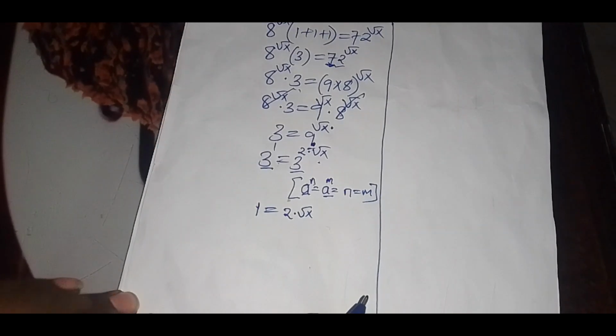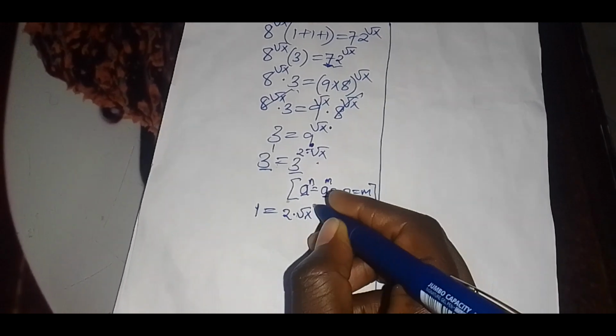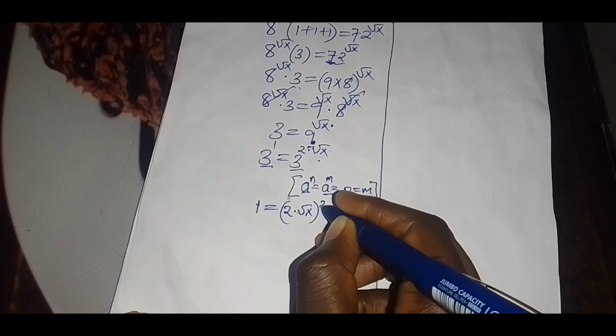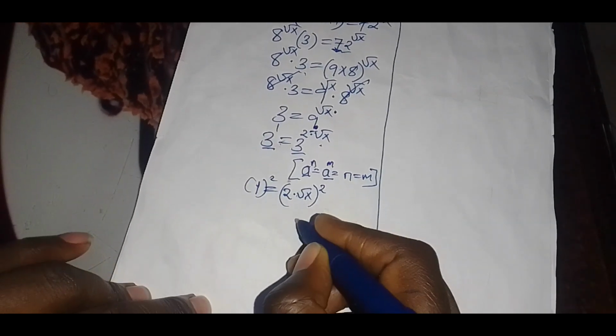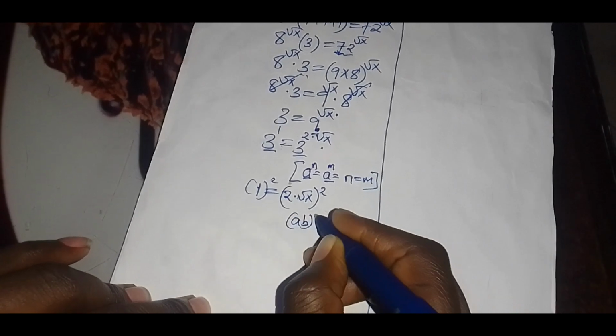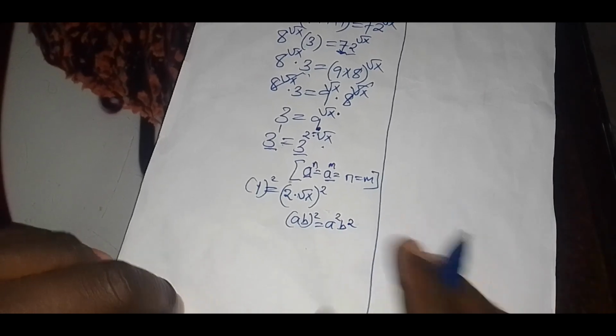For us to solve for x, we need to remove the square root sign. So how do you do that? Square both sides. Remember, if you have ab squared, this is the same as a squared and b squared.